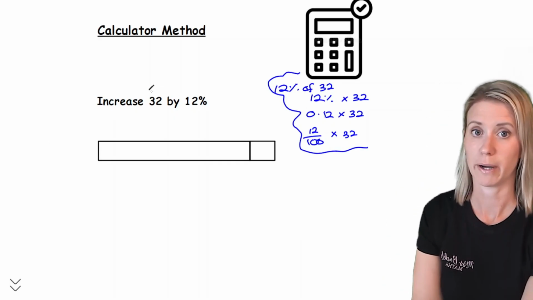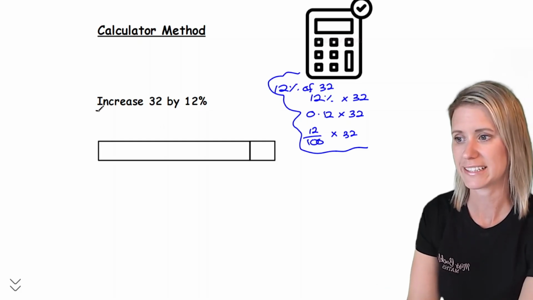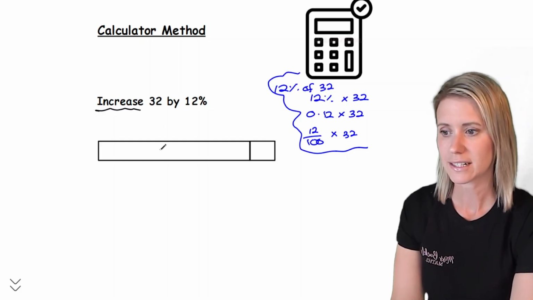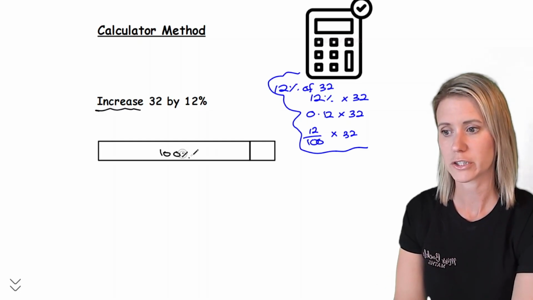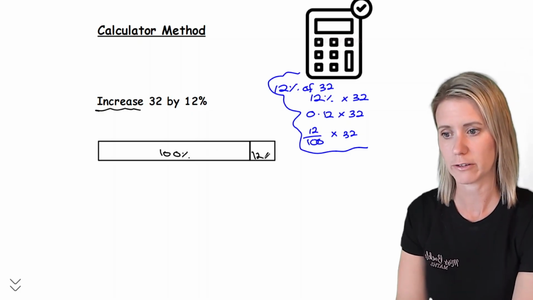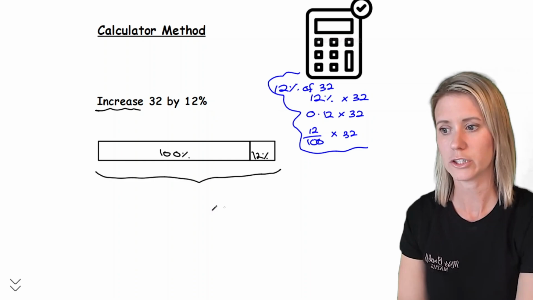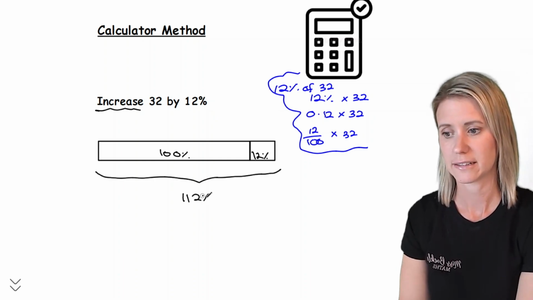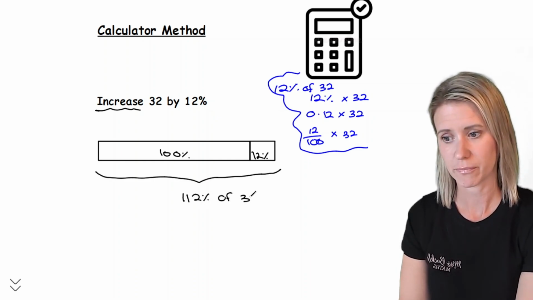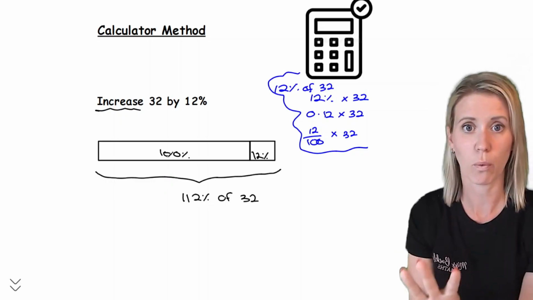So just park that one for a minute while you listen to this different method. Increase 32 by 12% is the question, and it's an increase. So we're starting with 100%, the original number, and we're adding on 12%. So in total, we're actually trying to find 112% of 32. And we can then just do that as one calculation.